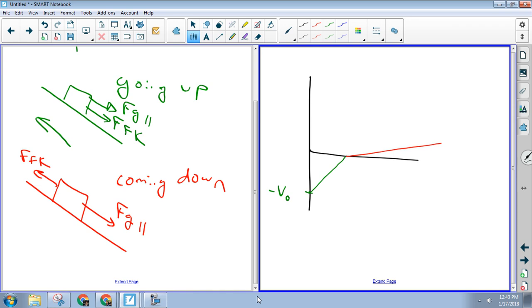So here's our t final, and then t final over 2. Does that make sense? It's going to take less time to go up than to come down, because on the way up there's a bigger acceleration, since there are two forces impeding its motion, and on the way down there's only one force impeding its motion.